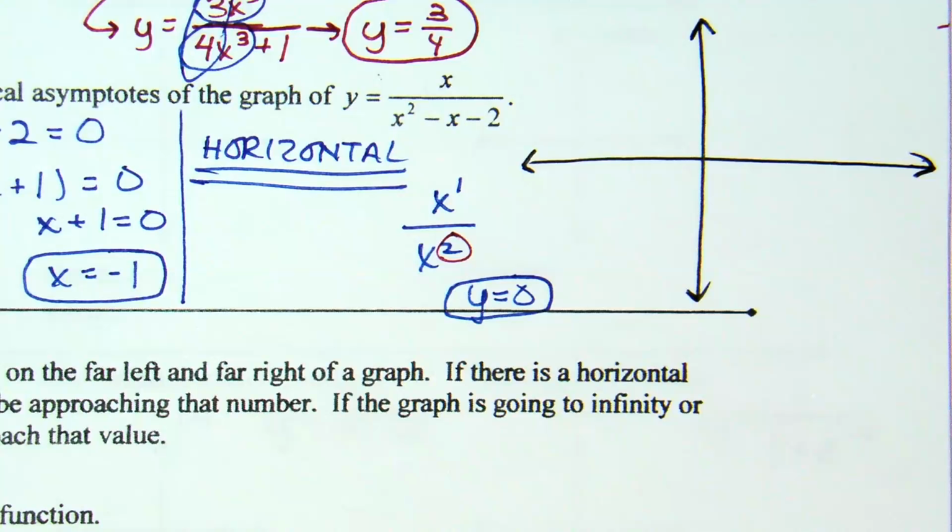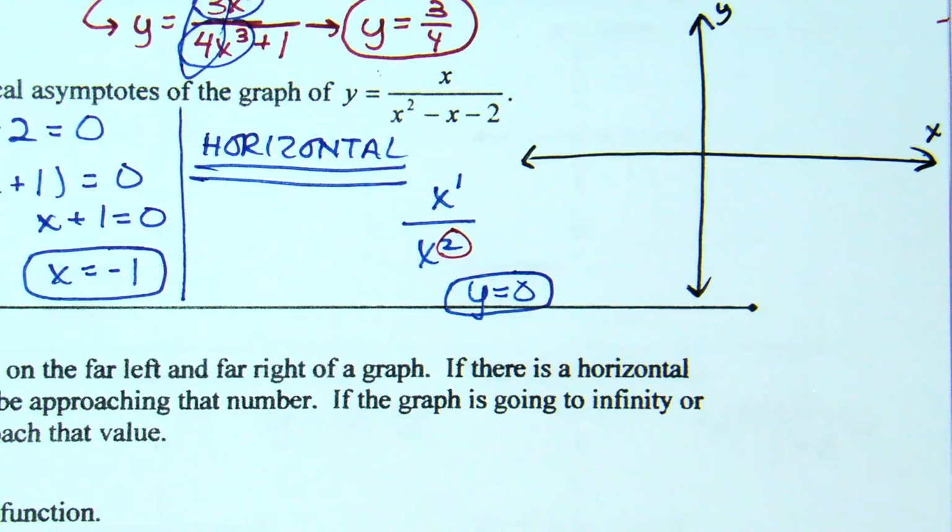Okay. Can we put in our asymptotes? We're supposed to have vertical asymptotes at 2 and -1. So remember to draw a vertical asymptote, I just tend to do a dotted line, or dashed line.